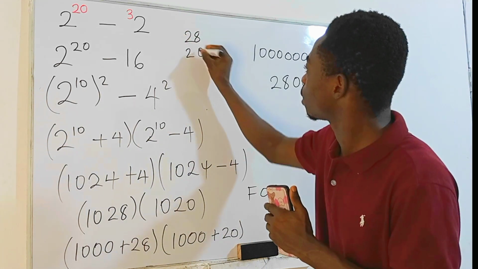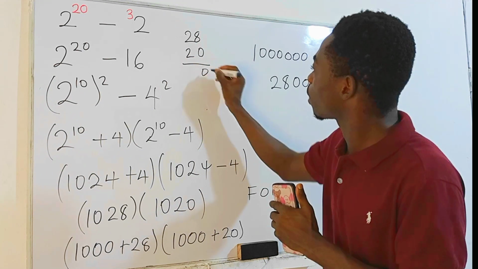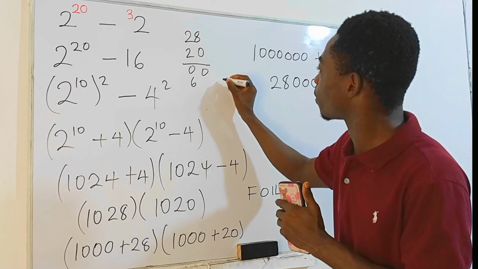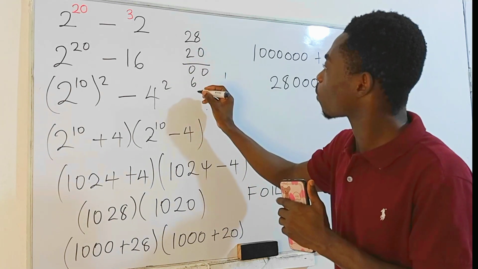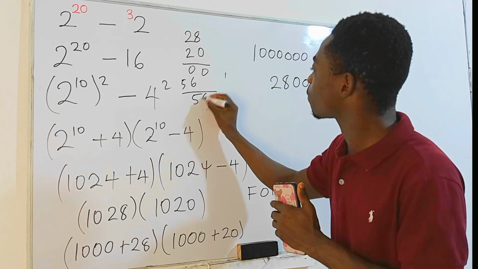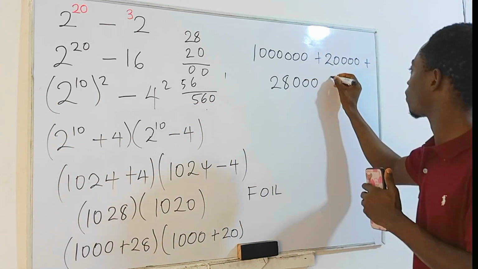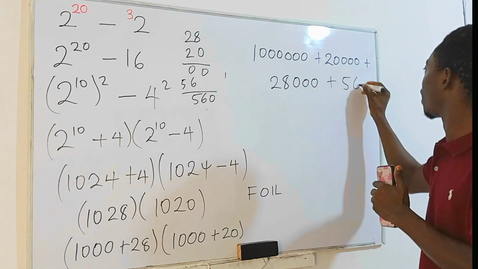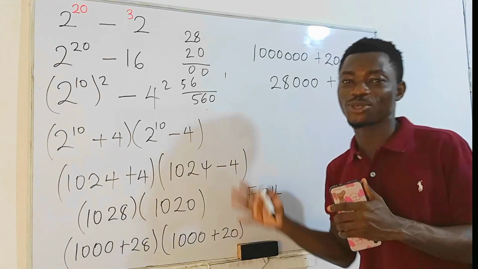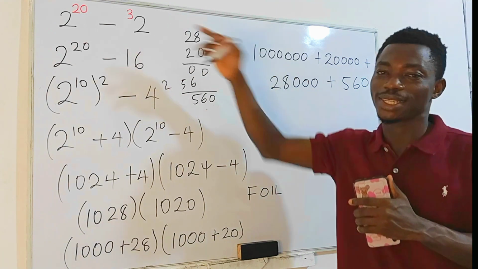This is going to be 0. 2 times 8 is 16, we're going to write 6, remainder 1. 2 times 2 is 4 plus 1, we have 5. So everything is going to give us 560. So plus 560.